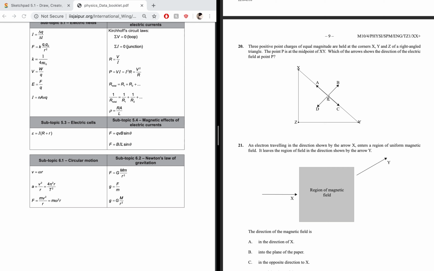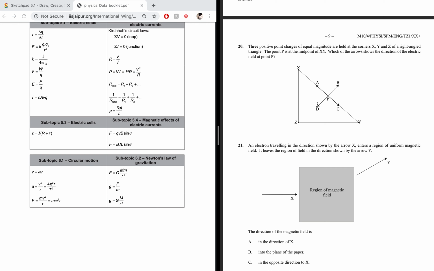Oh yeah, sorry. We can find the electric field by putting a test charge here, and we know test charges are positive, and positive charges repel from other positive charges. So let's imagine it right here. This positive charge would push it in the direction of C, but this charge here would push it in the direction of A, and since this is the midpoint, the forces would be equal and they would cancel out.